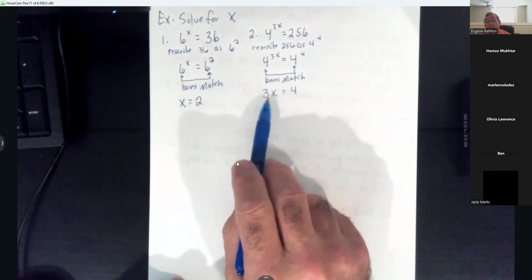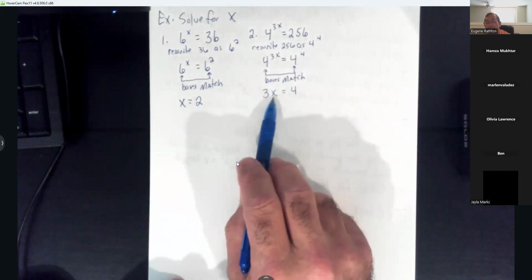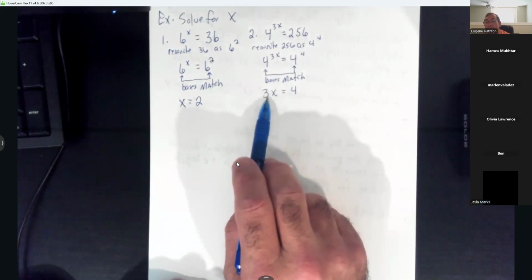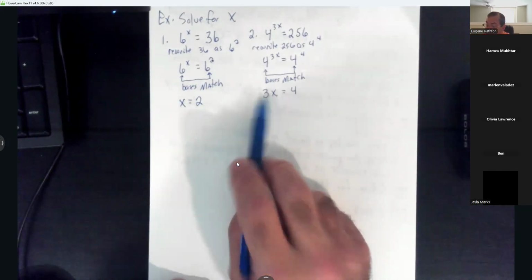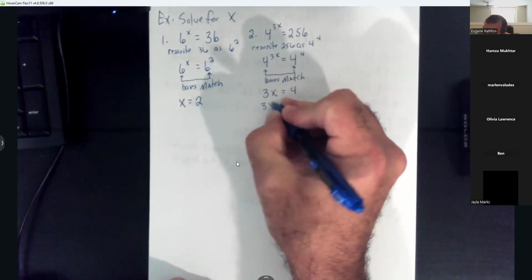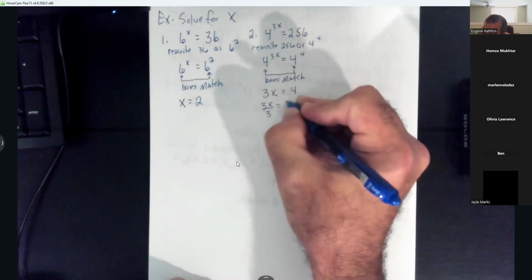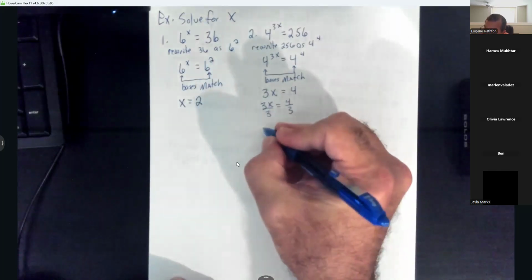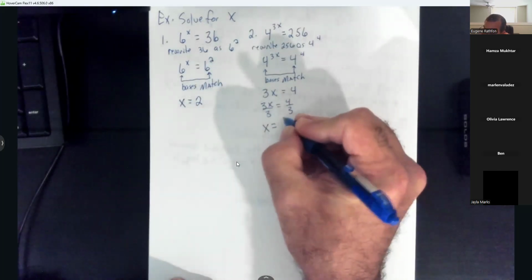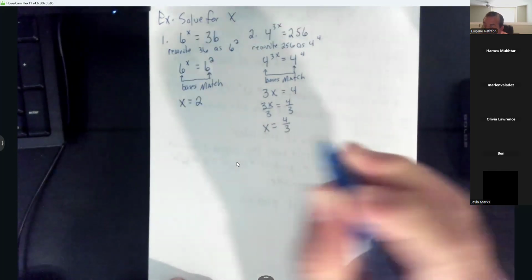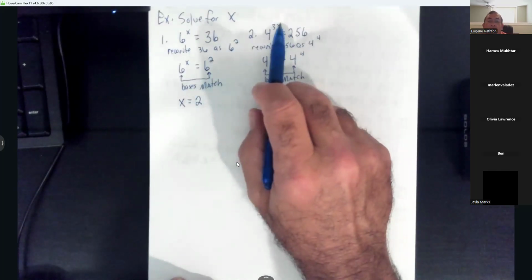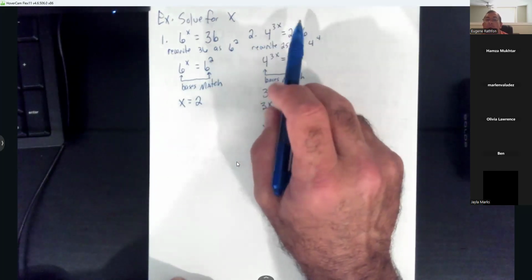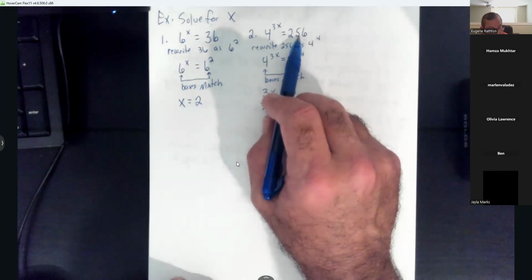This one actually has to go a little further to get solved for x. Since we're multiplying 3 times x, we need to divide both sides by 3 to make that a 1x. So I'll have 3x divided by 3 equals 4 divided by 3. That cancels, giving me 1x, and that's going to equal 4/3. So if you put the 4/3 in here, the 3's cancel, and you'll have 4 to the 4th power, which is 256.